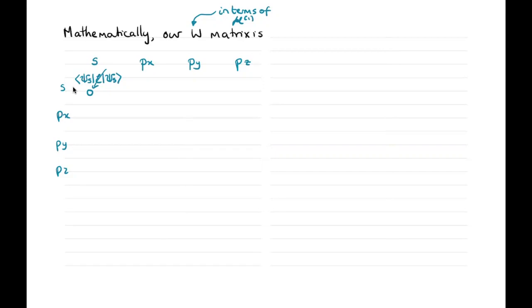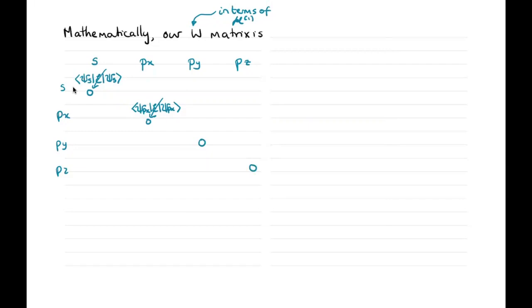The same thing for the term with px, and py and pz. So I have zeros on the diagonal of my matrix.